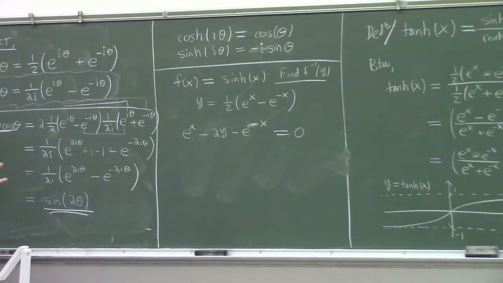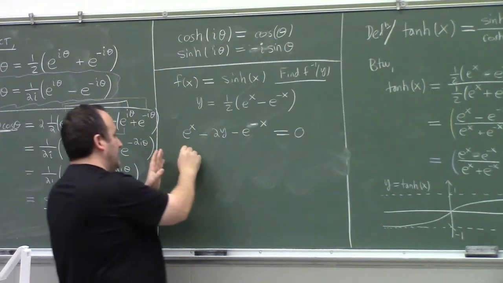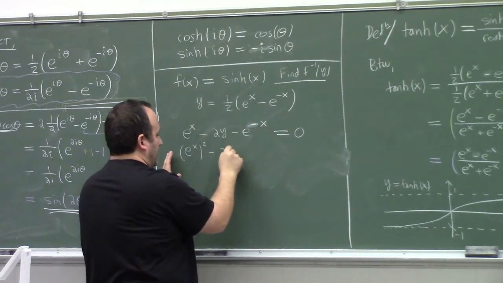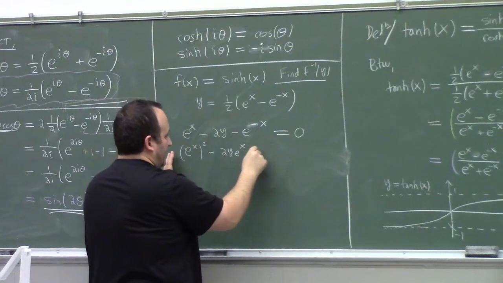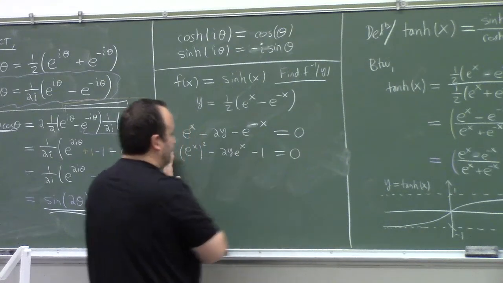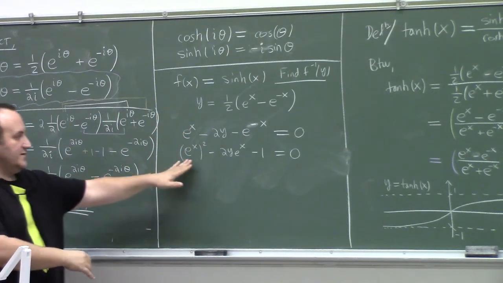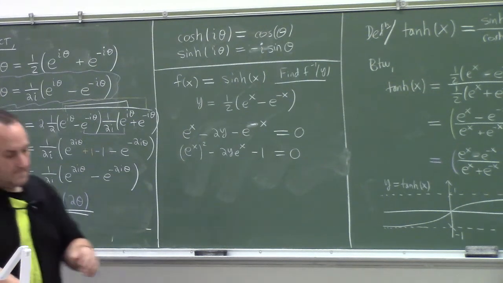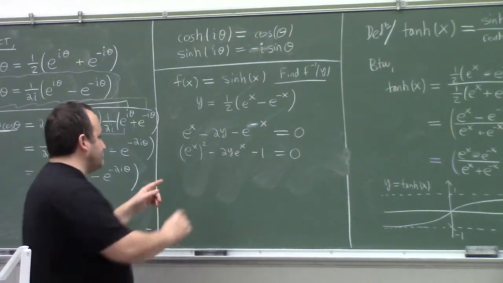This one's tricky. What you've got to do is multiply by e to the x to make it into a quadratic. So this is (e to the x) squared minus 2y e to the x minus 1 equals 0. Now it's quadratic in e to the x, so we can use that quadratic trick. Let's see here.